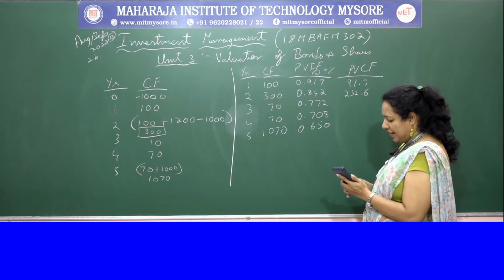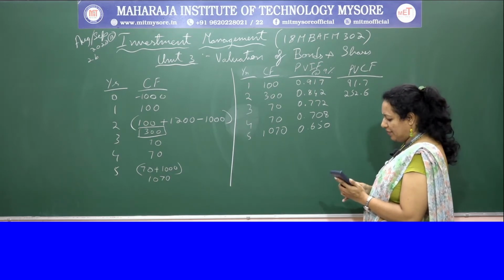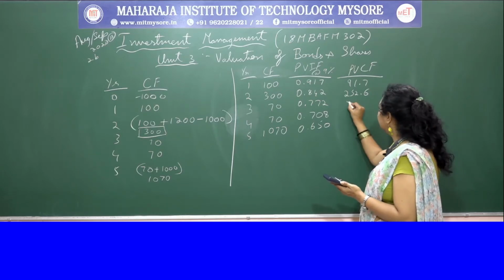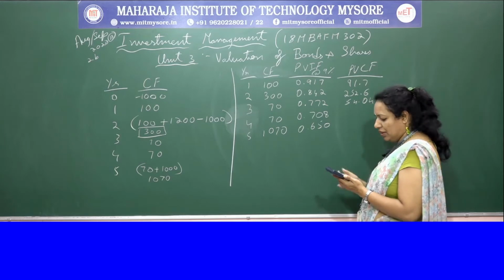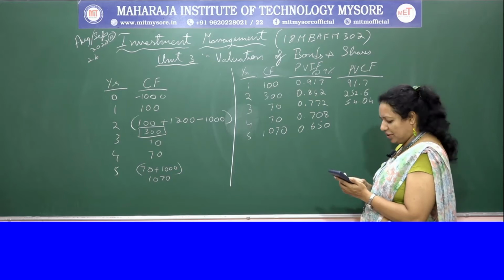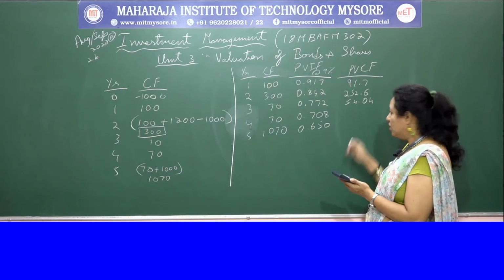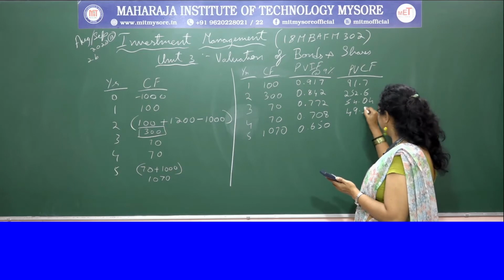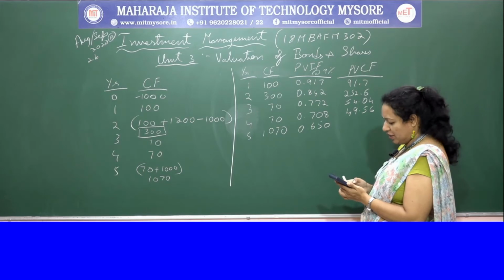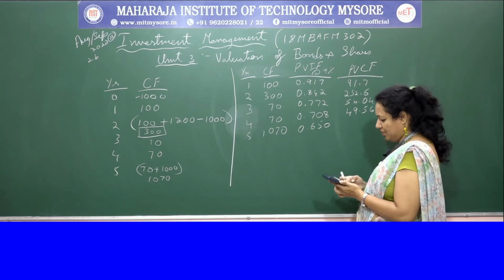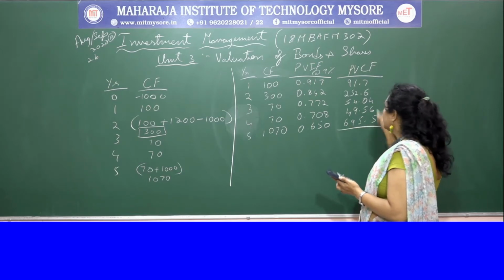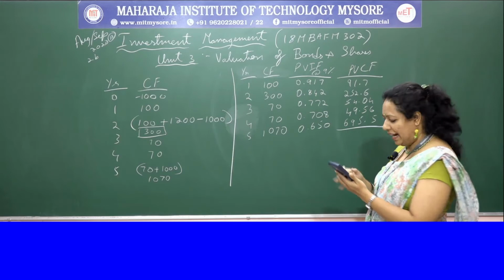Then 70 into 0.772, you get 54.04. Like this you have to calculate for everything. 70 into 0.708, so 49.56, and 1070 into 0.650, 695.5.